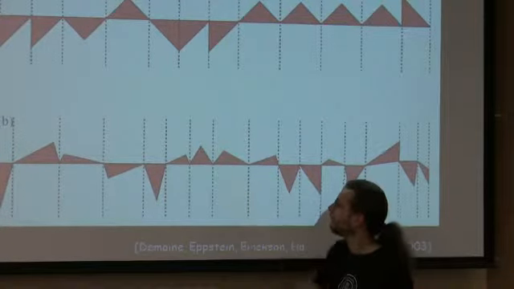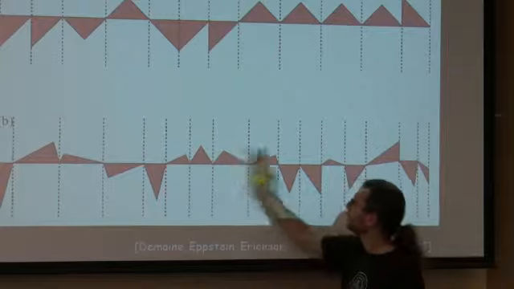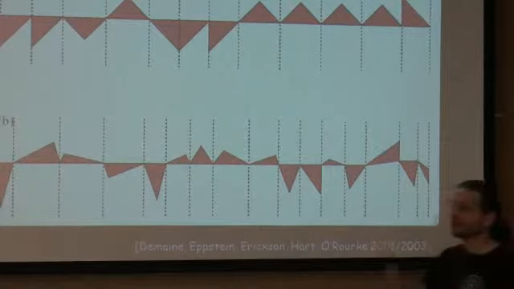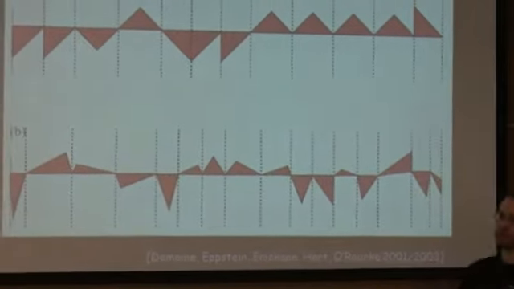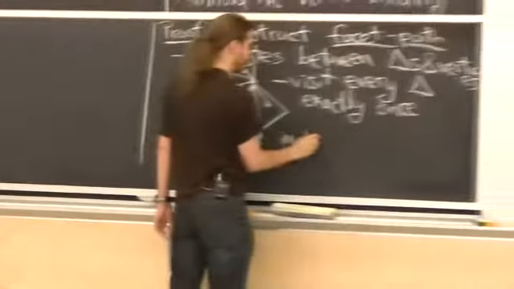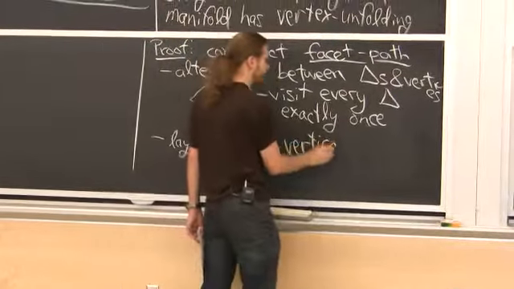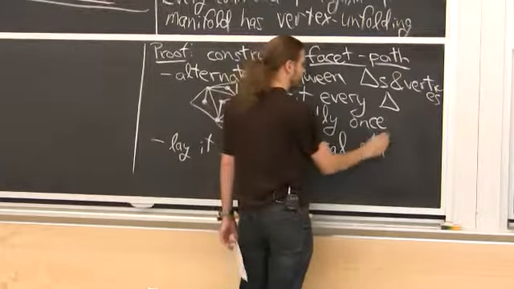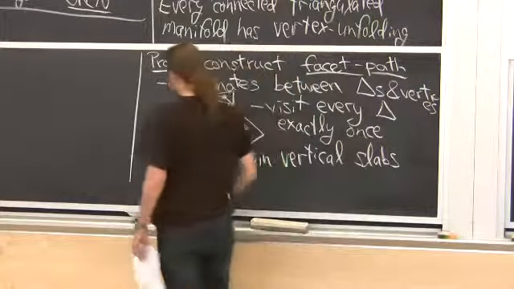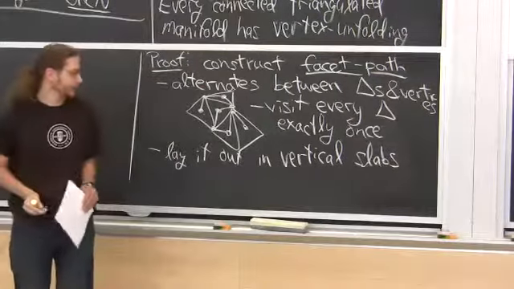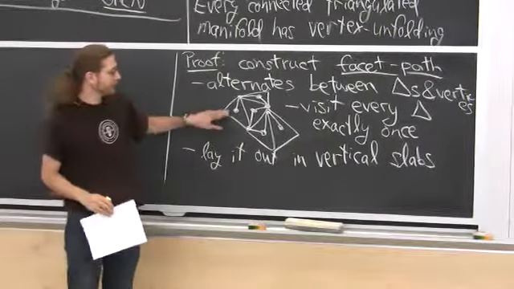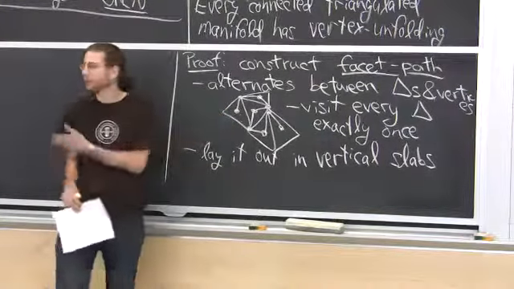And the hinges are on the ends of the slab. And so each triangle lives in its own slab. Slabs don't intersect. No intersection. So the hard part is really getting this path. Once you have that, you can just lay it out.